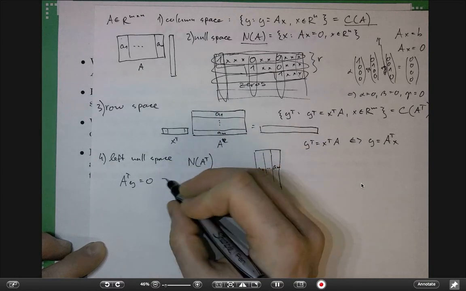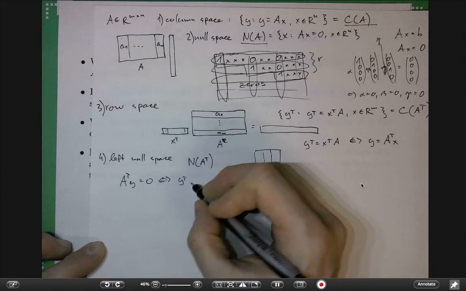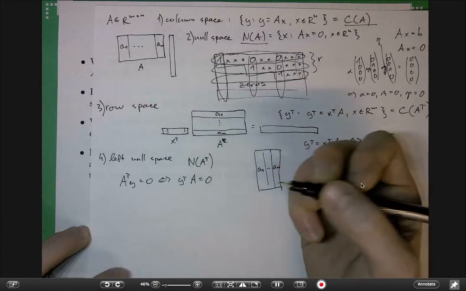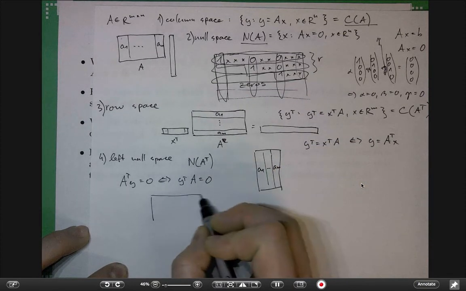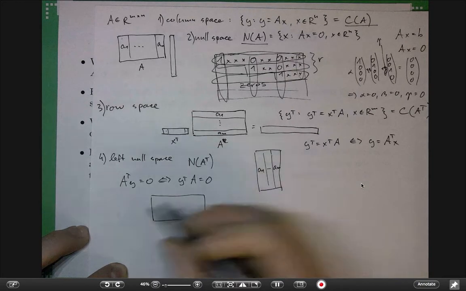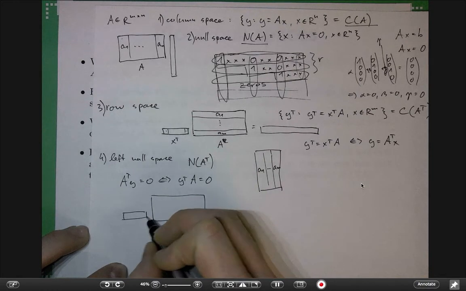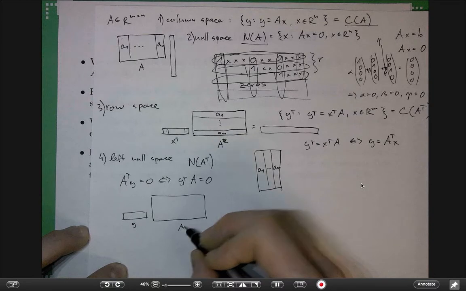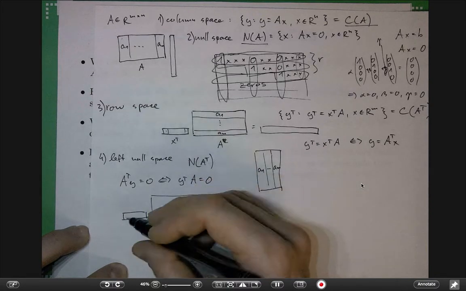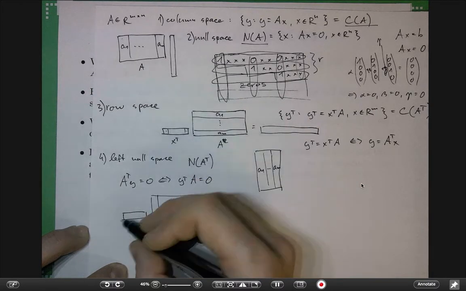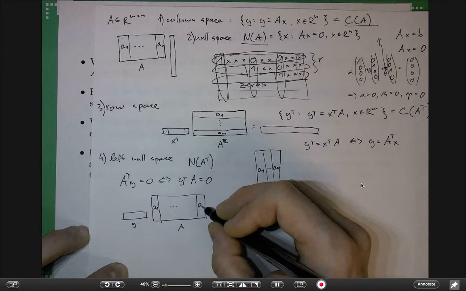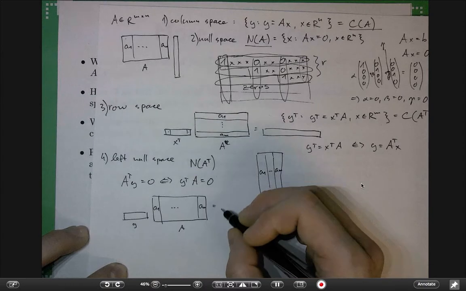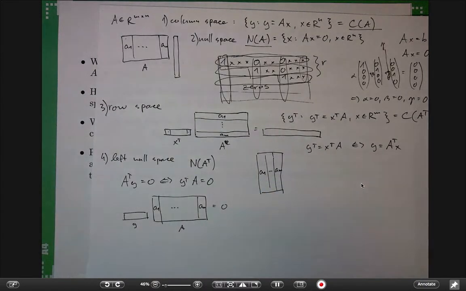I can also write it as y^T A being 0, which means that if this is my y, and this is my A, all columns of A multiplied by y have to give me 0, right?